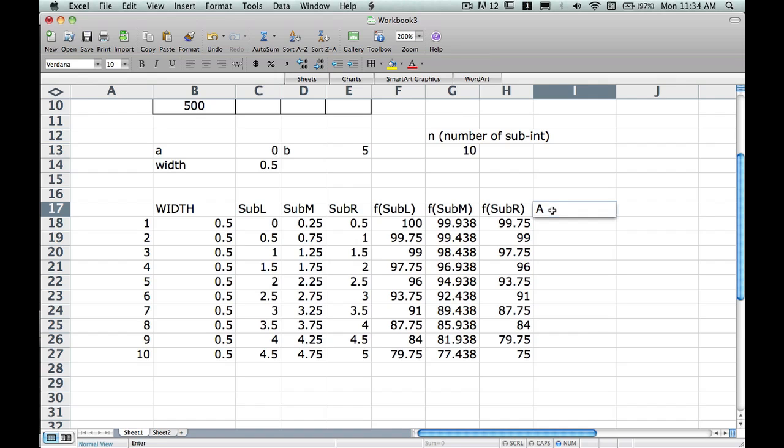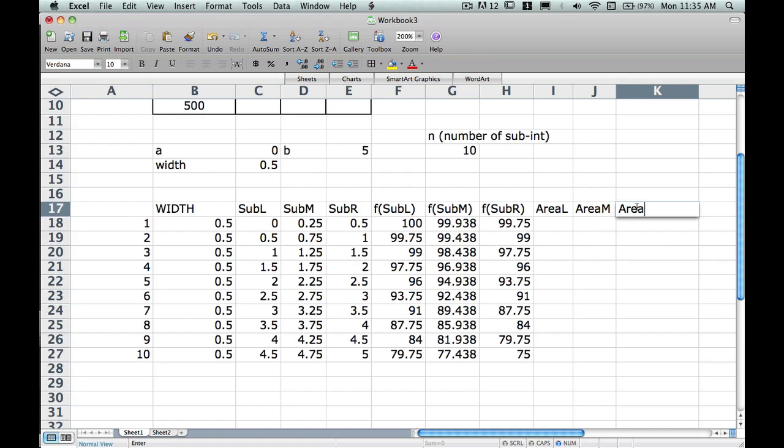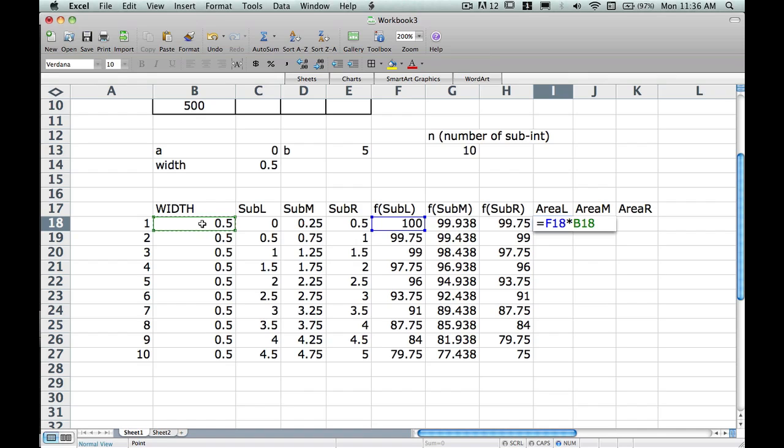Now what we need is the area for the left side, and we'll need another one for the midpoint, and then the area for the right side. Take the height of the rectangle at the left subinterval and multiply it by the width of that rectangle.